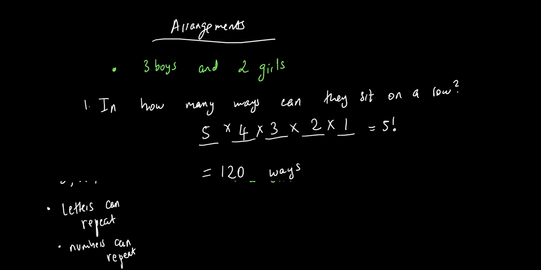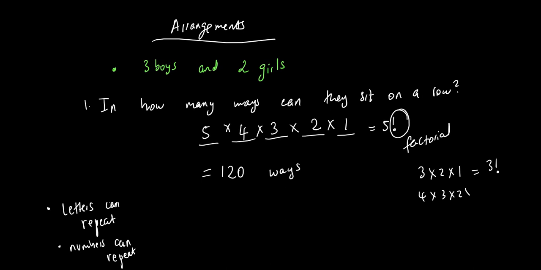This thing here is called factorial, remember that you use it. For example, if I have 3 multiplied by 2 multiplied by 1, I can just simply call it 3 factorial. If I have 4 multiplied by 3 multiplied by 2 multiplied by 1, I can simply call it 4 factorial, and so on. That's just the name, but what is important is to get the answer correct.